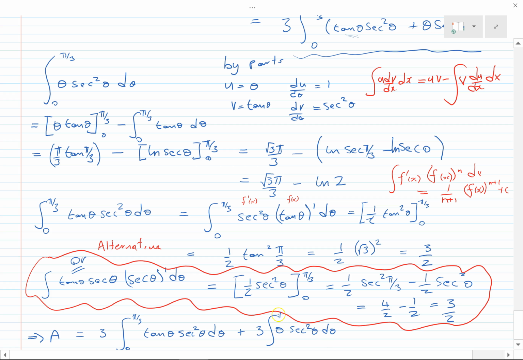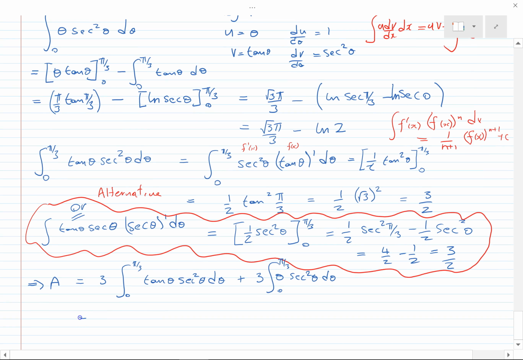We've worked out all of these integrals now. So that's 3 times this one, which is 9 over 2, plus 3 times this one, which will be square root of 3 pi, because it's 3 times that with the 3 cancelling, take away 3 ln 2. So that was it, that's the final answer.